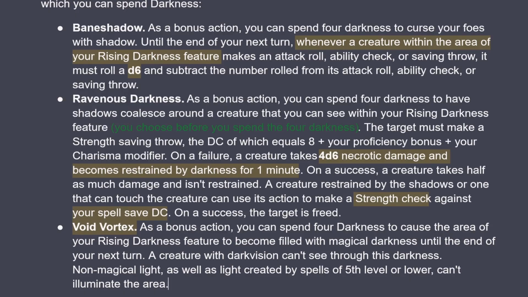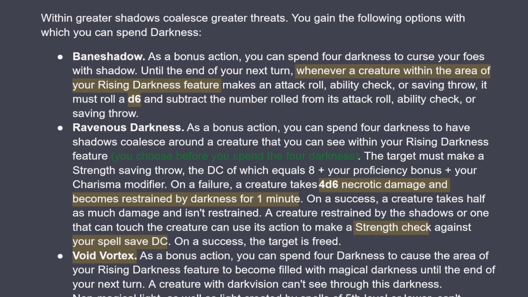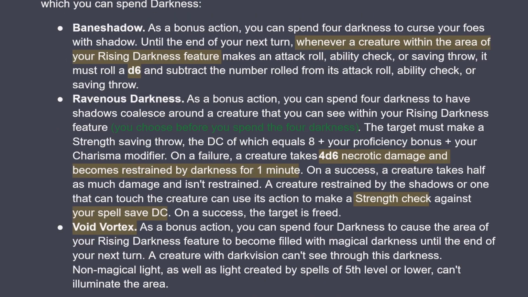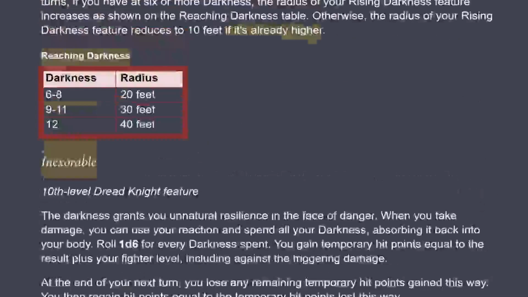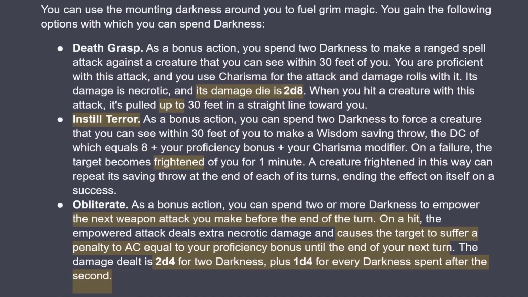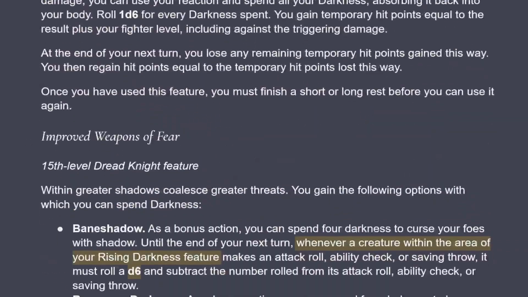Okay, and disadvantage against you. But we're just getting darkness, which we can see through, which warlocks have been doing since level 3, and this is 4 points, and it's a level 15 feature. I feel like we needed to have 3 abilities at level 15 because we got 3 abilities at level 7, but I'm saying this sucks.